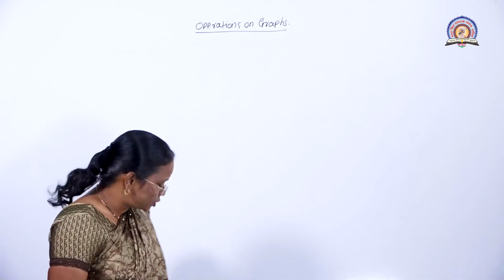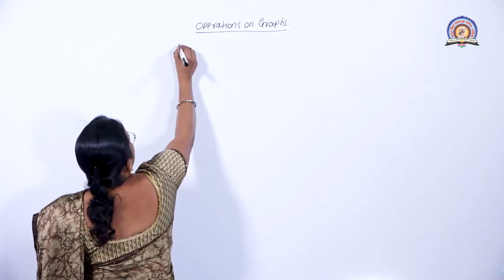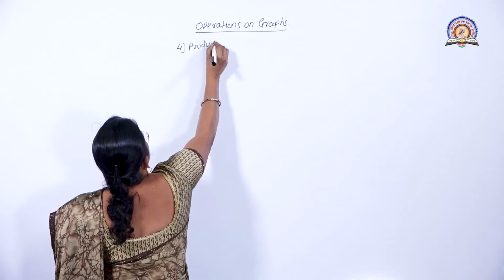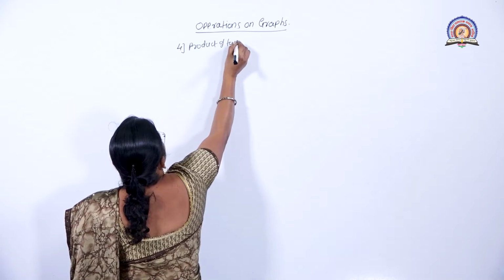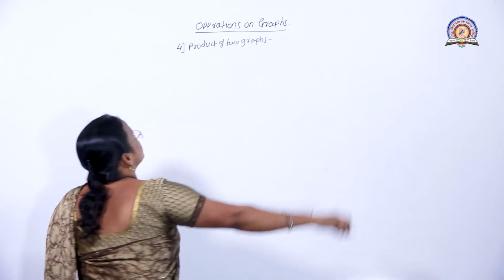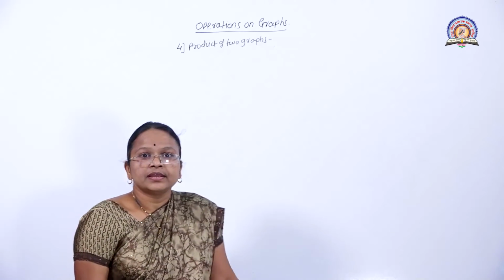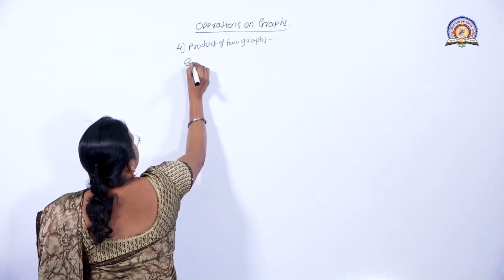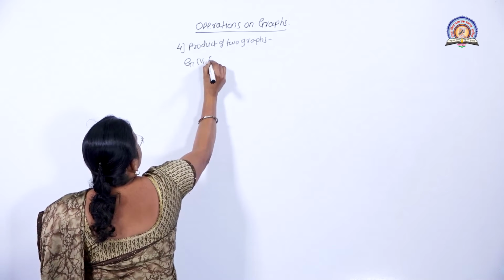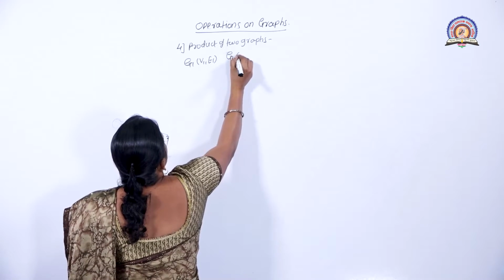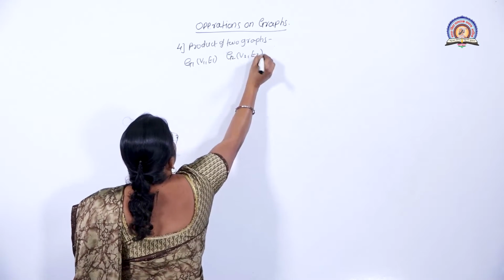Now our next operation, that is fourth one, product of two graphs. Suppose we are given two graphs, G1 (V1, E1) and G2 (V2, E2).